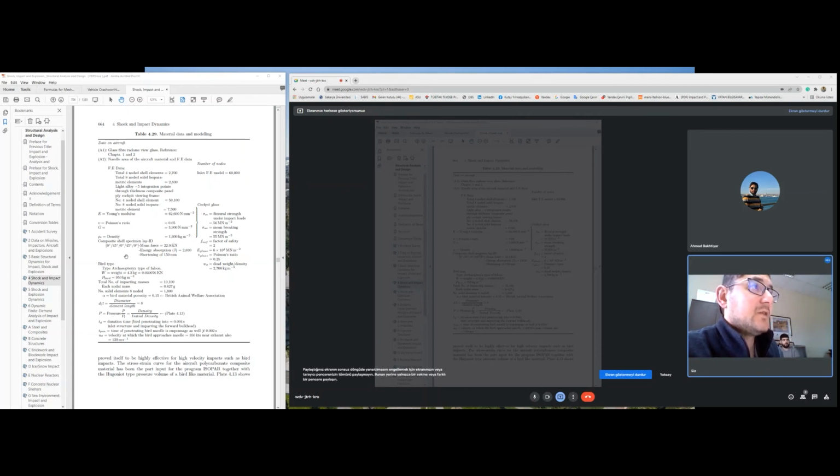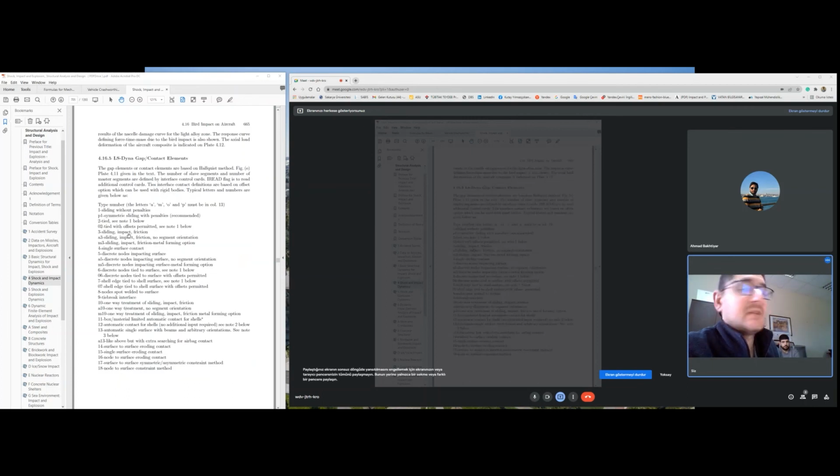For example, composite shell specimen. It gives the composite layers, directions, forces, material data, stresses, Young modulus, Poisson ratios, everything.